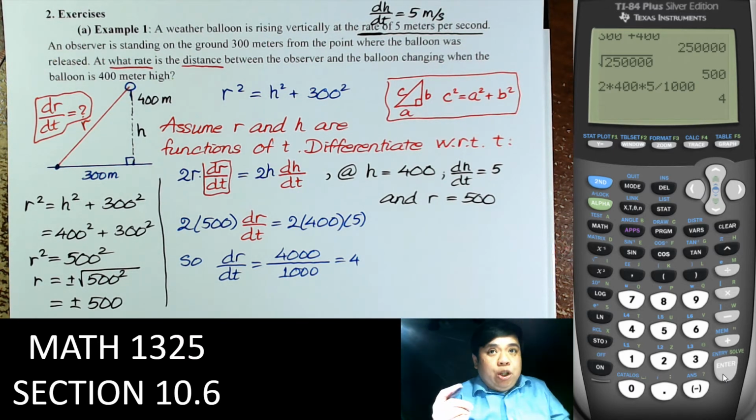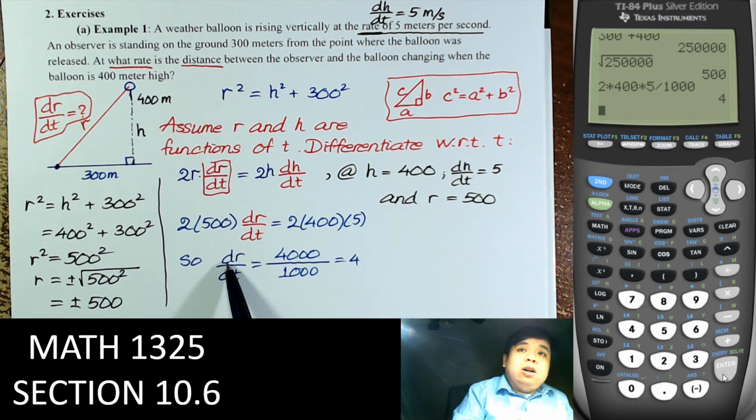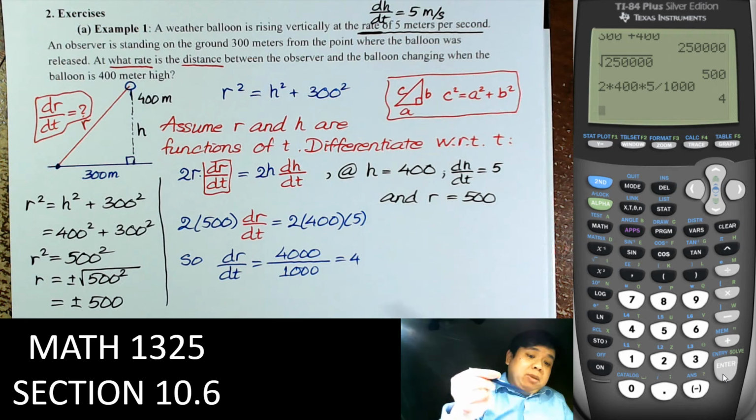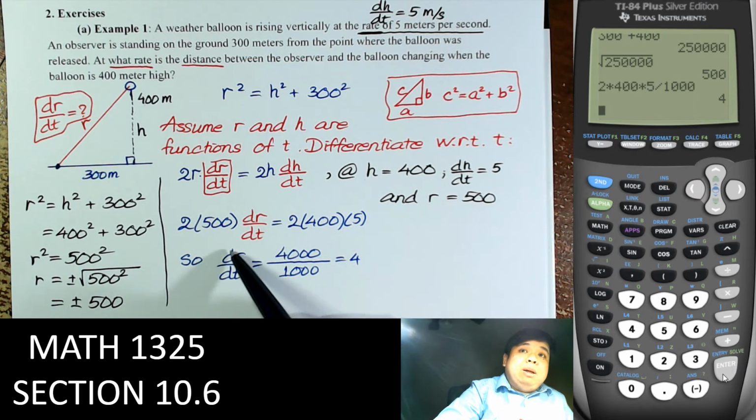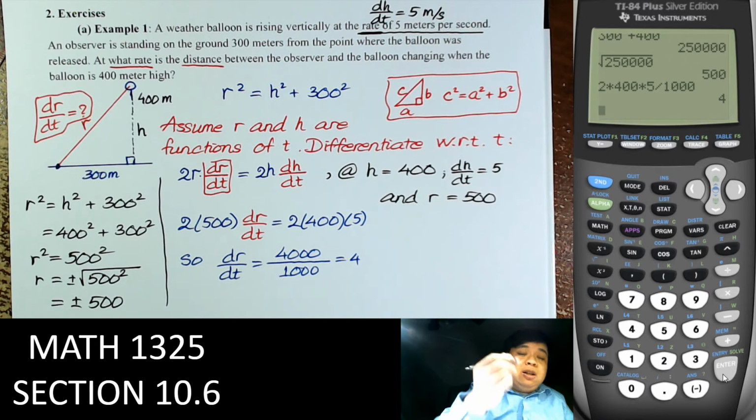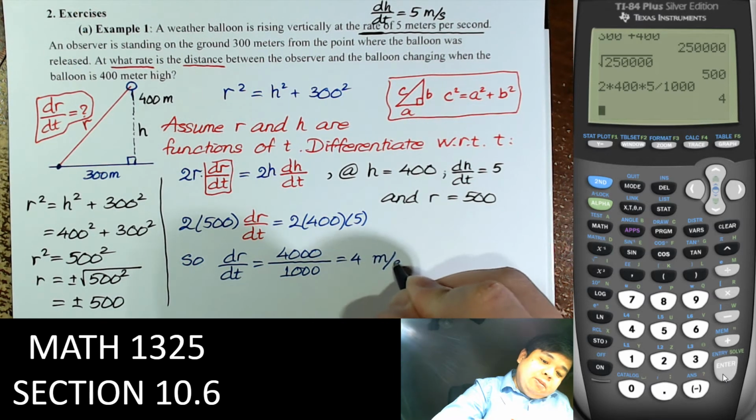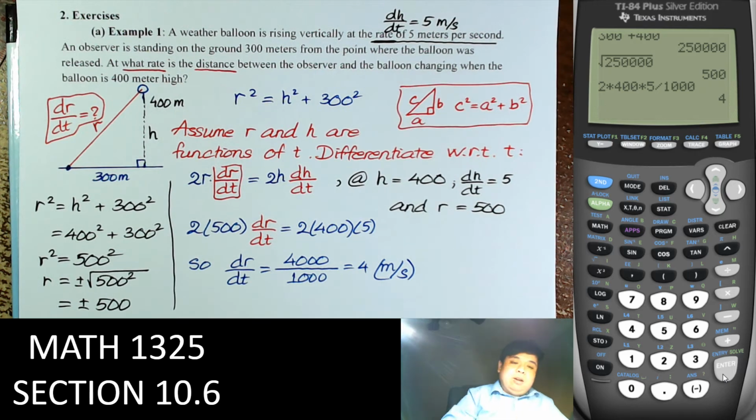However, what will be the unit? So first, if we look at r, the unit for r is the distance between them. So the distance will be meter. So the unit for dr is going to be meter, and dt, that will be time. So meter per second. Right.